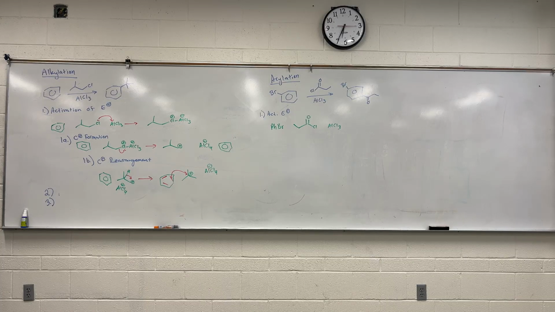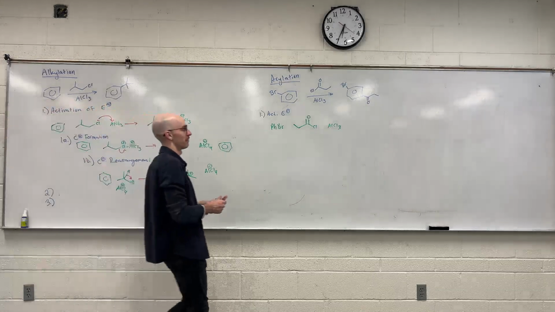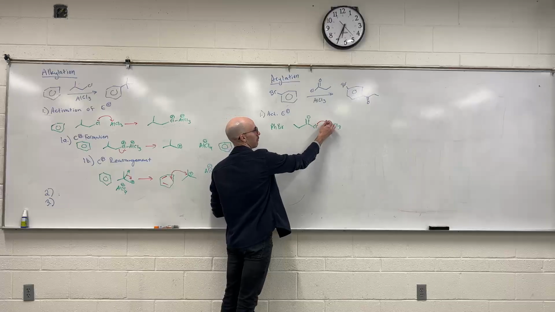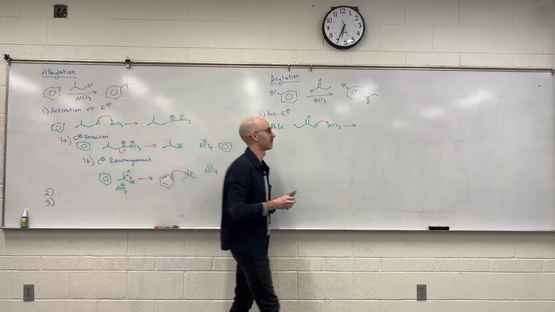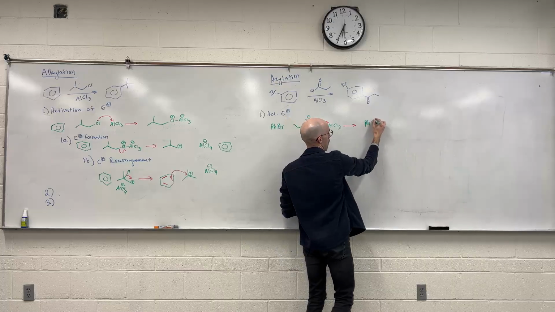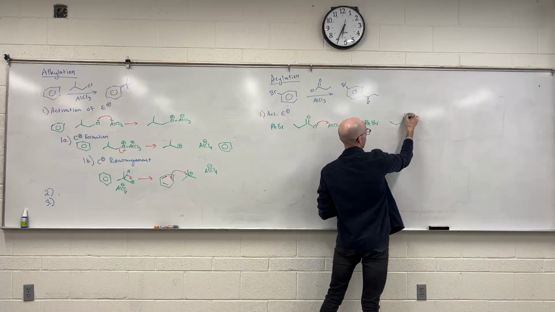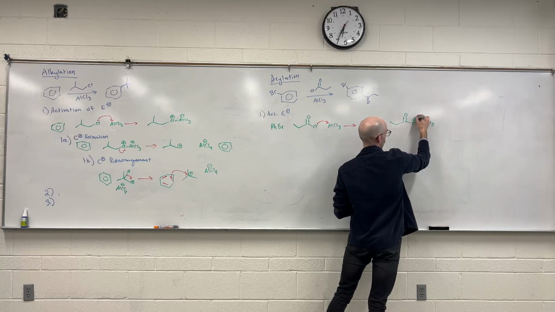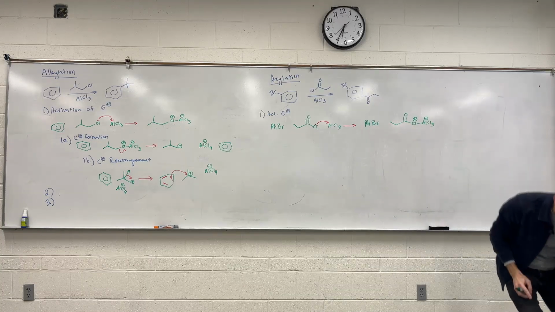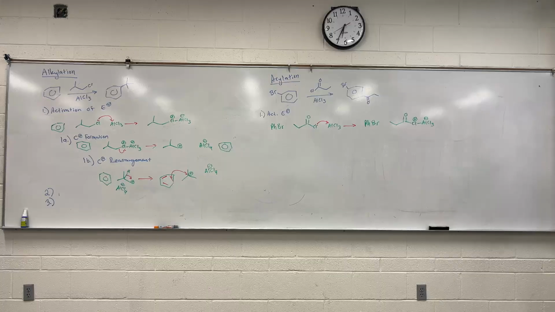Can you guess what happens in this step? Beautiful. Chlorine bonds to the aluminum. Nothing new. Well, I guess the only thing new is that it's a new group. It's not a chlorine molecule and it's not an alkyl chloride. This functional group is what?